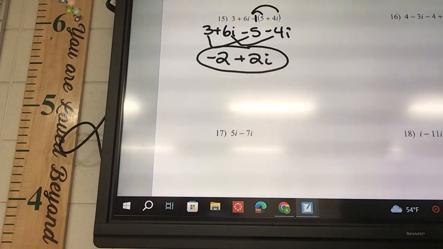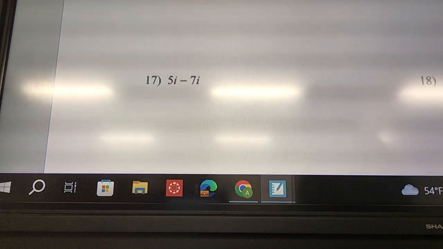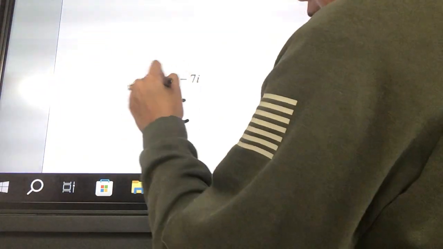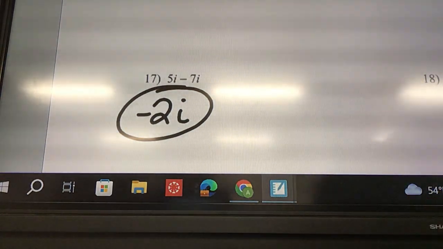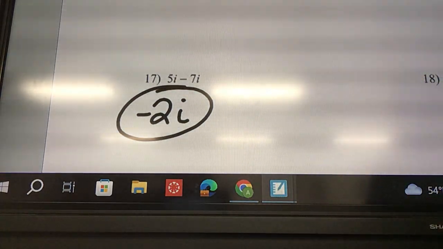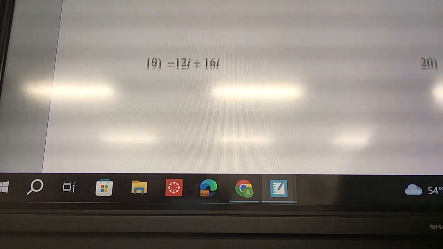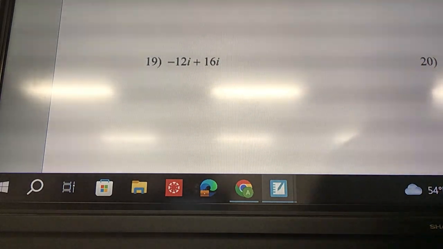Okay, 17. We can put together the i's. So 5 minus 7 is going to be -2i. Okay, 19. I can put together the 12i and the 16i because they both have an i.